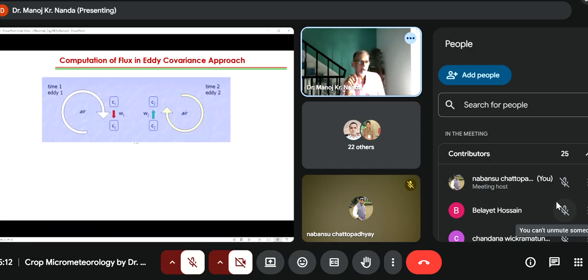Now, at a time t1, this is the eddy. This is the time t1 eddy. At time t2, this is the eddy. So if you see them rotating this way, these eddies have no definite direction of rotation; it is usually random. When these random eddies are there, if you take the average upward wind, yes, it is there.